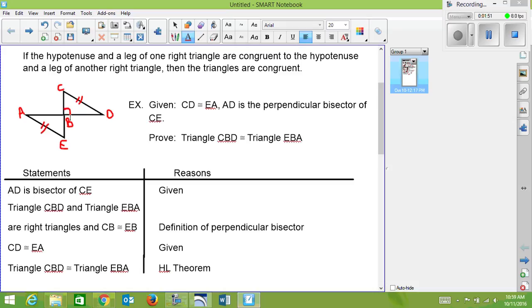And CB is congruent to EB, these two, because this is the bisector, and CD is congruent to EA, which was given. So the two triangles are right triangles, and CB is congruent to EB from the definition of a perpendicular bisector. Then I can say that those two triangles are congruent to each other by the HL theorem, the hypotenuse leg theorem.